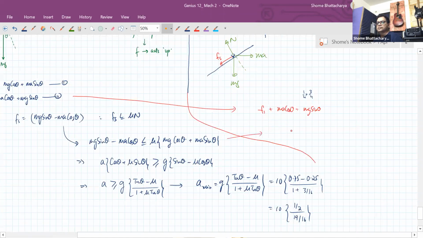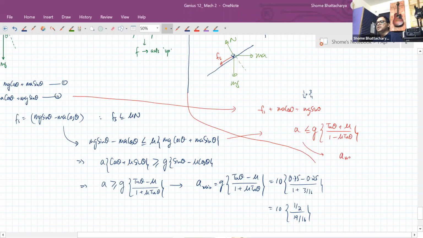This will become A is less than or equal to g into (tan theta plus mu) upon (1 minus mu tan theta).